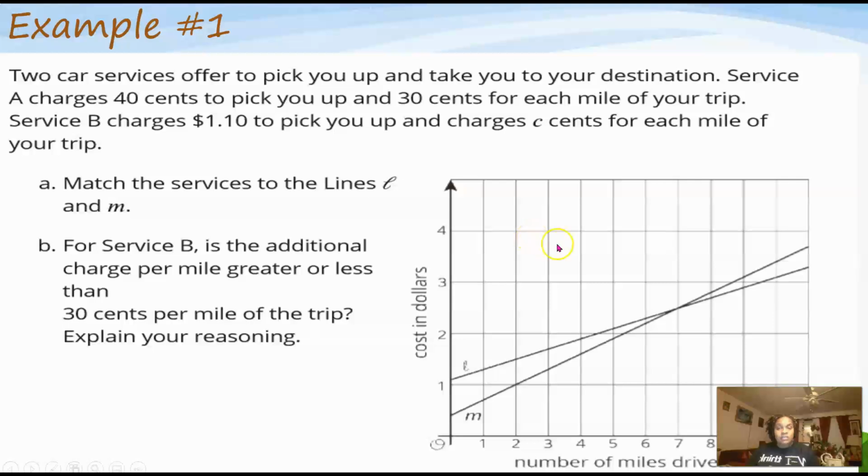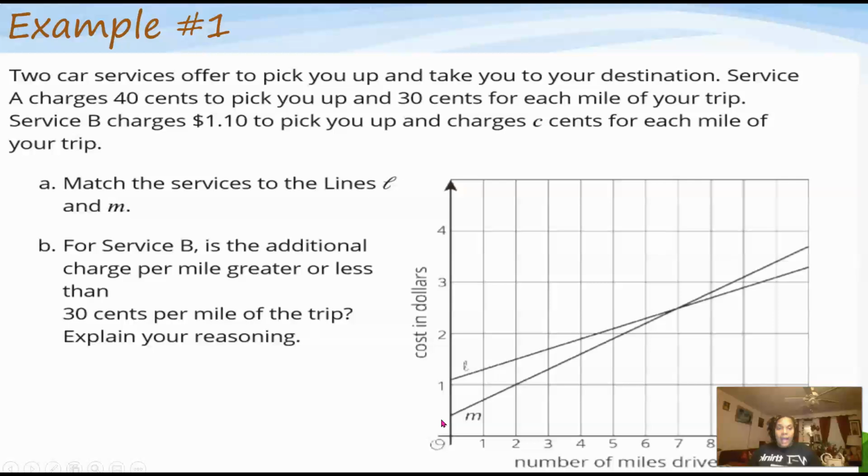Match the services to line L and M. So which one is line L and which one is line M? Well, we can figure that out. What is the initial price? Service A charges you 40 cents, which is the cost in dollars. So if you think about it, 40 cents is a lot less than $1.